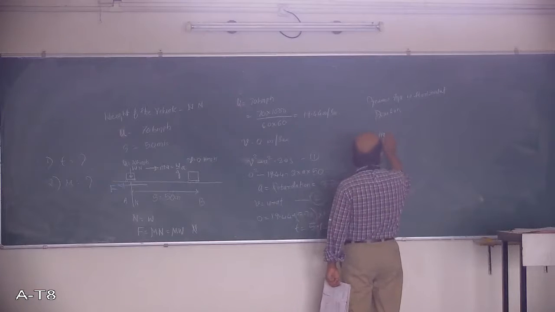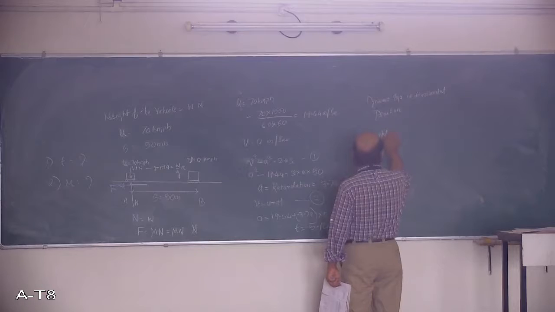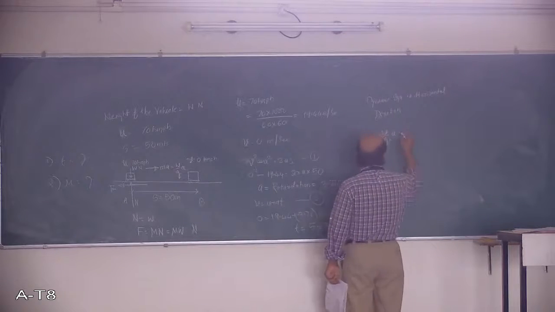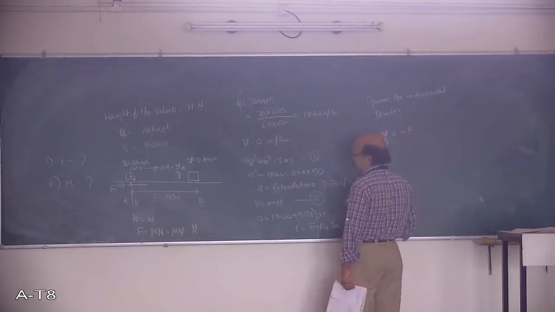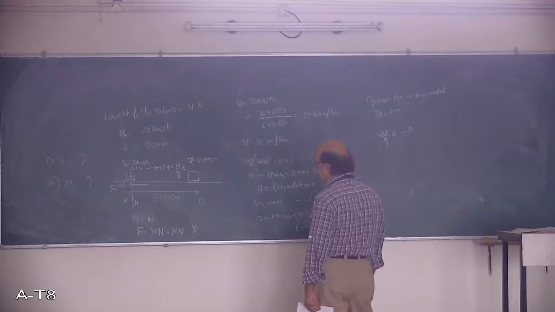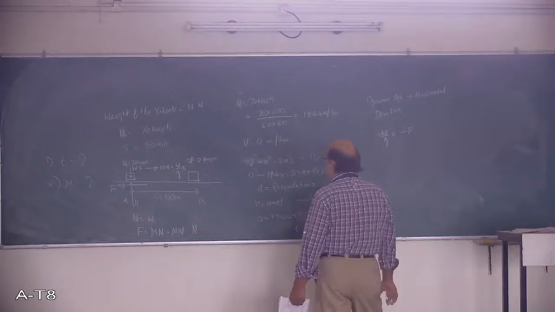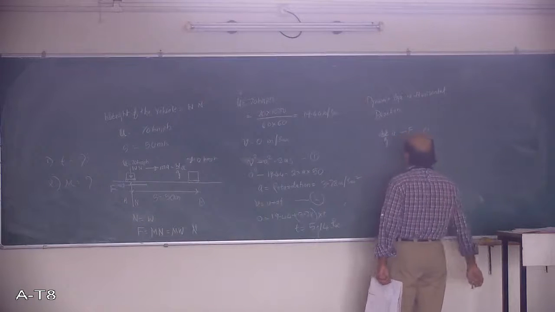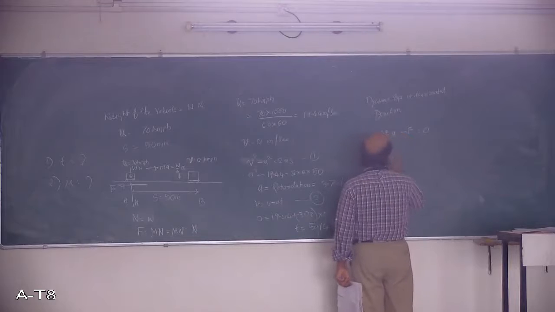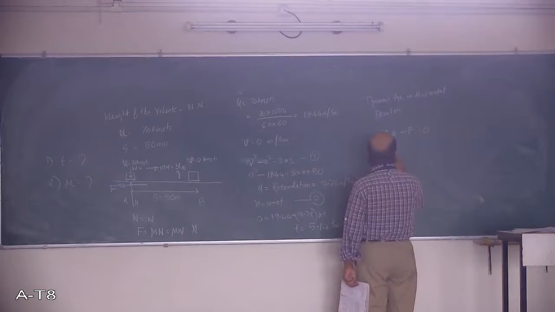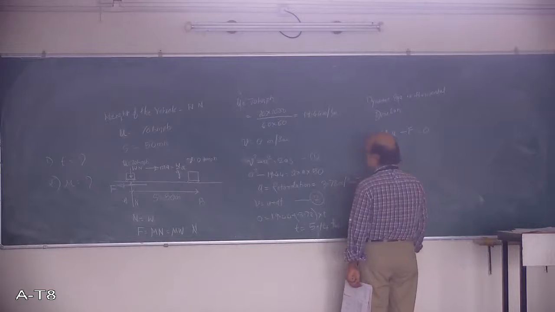So I will take ma as W by g into a, minus F. Is any other force acting? Inertia force and frictional force, those two are the only two which will balance it. It is equal to 0.